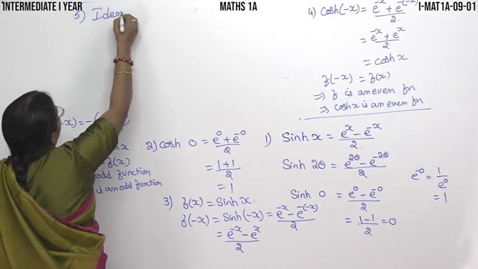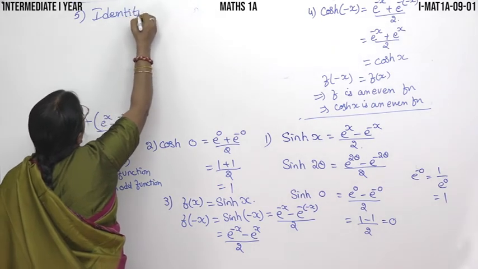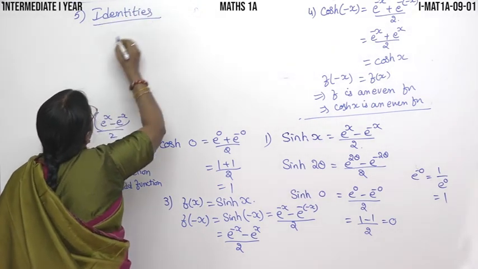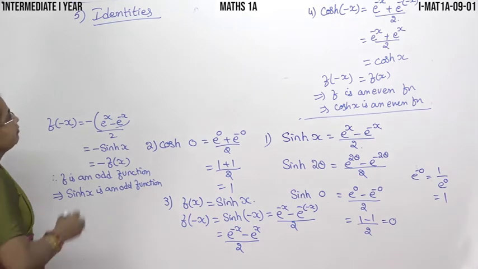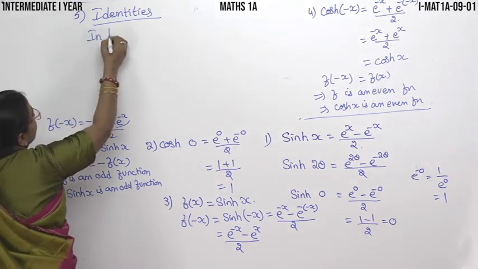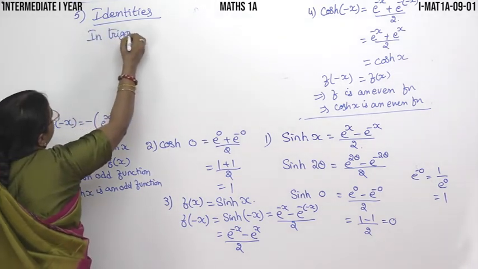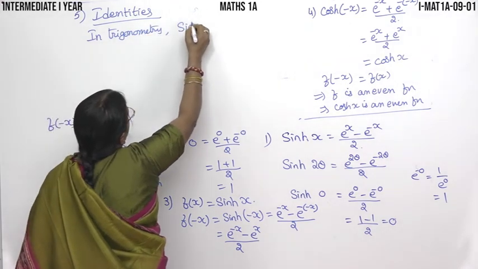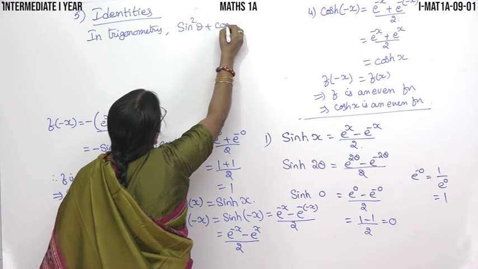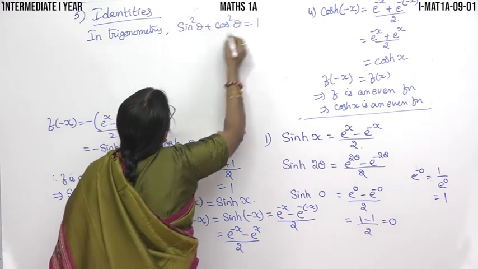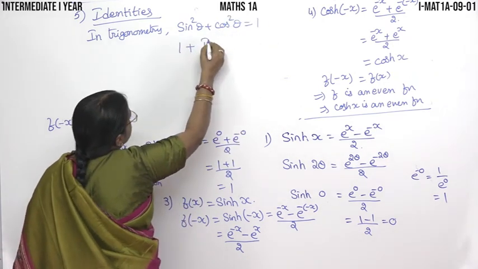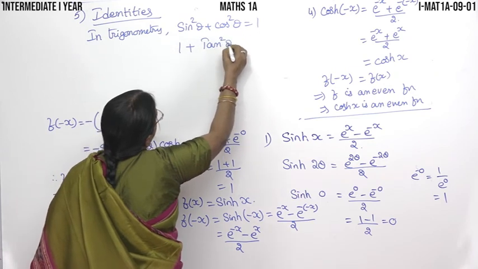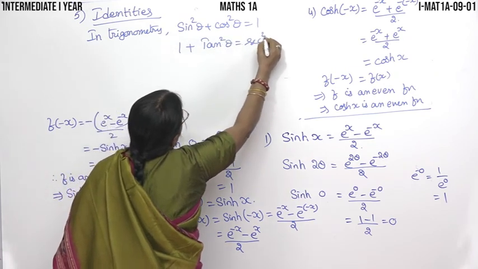Like how we have identities in trigonometry, we have sin square theta plus cos square theta is equal to 1. And then we have 1 plus tan square theta is equal to secant square theta.